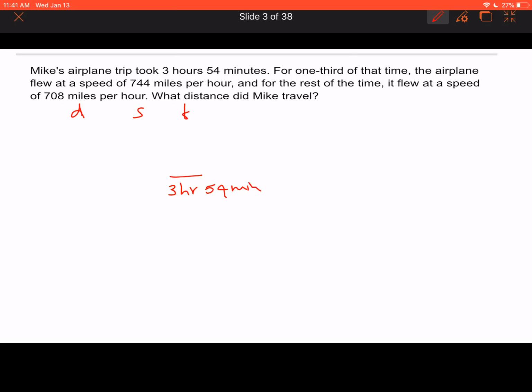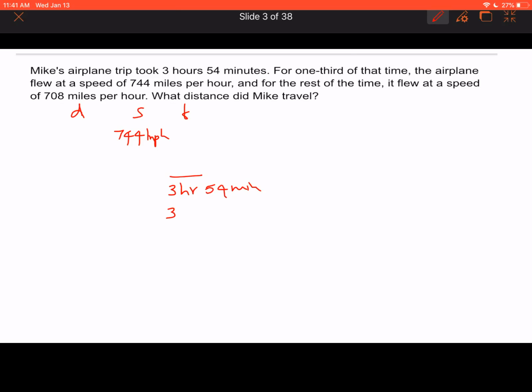right? And the speed for the first journey, okay, for 1/3 of the time the airplane flew at a speed of 744 miles per hour. Okay, so since it is given in miles per hour, I want to change everything into hours.